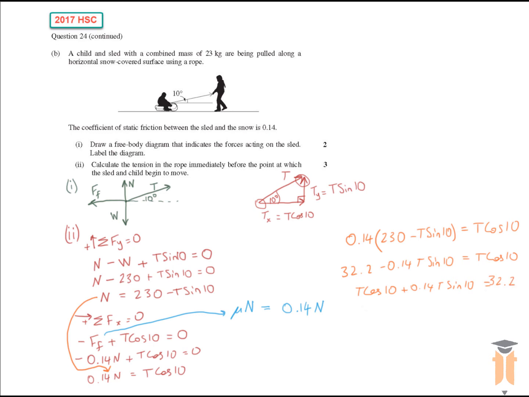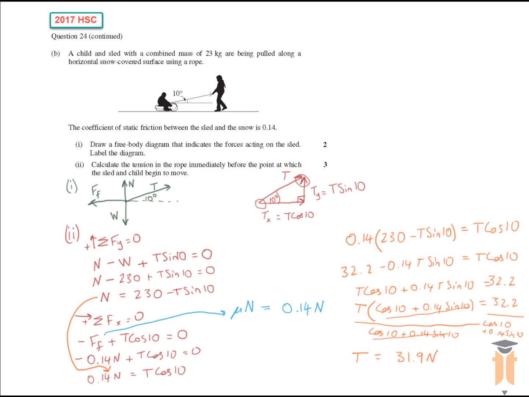Now factorize T out, so we've got T bracket cos 10 plus 0.14 sin 10 equals 32.2. Divide both sides by cos 10 plus 0.14 sin 10, and you get T is equal to 31.9 newtons. And so there's your solution.